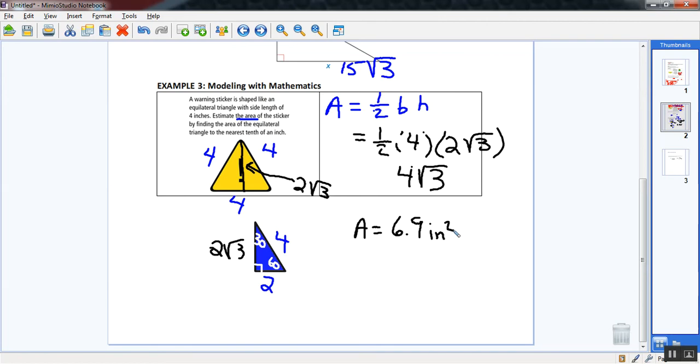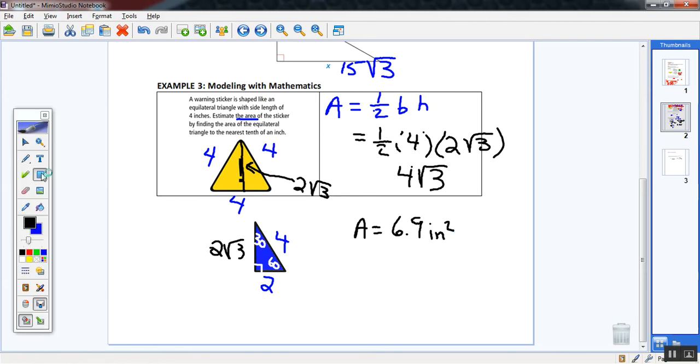Very good. Okay? All right, so let's do this. Our solution right up here, 6.9 square inches. Okay, we should be good with that.